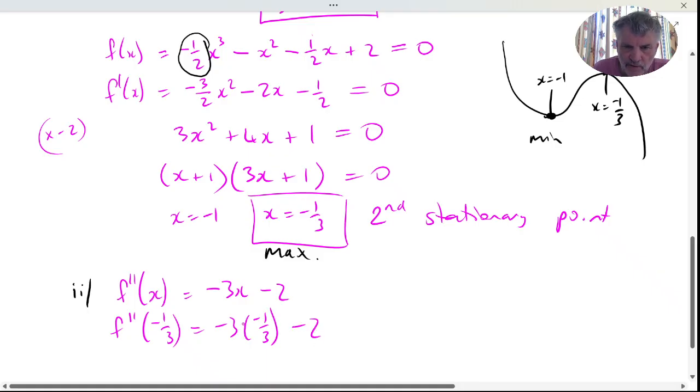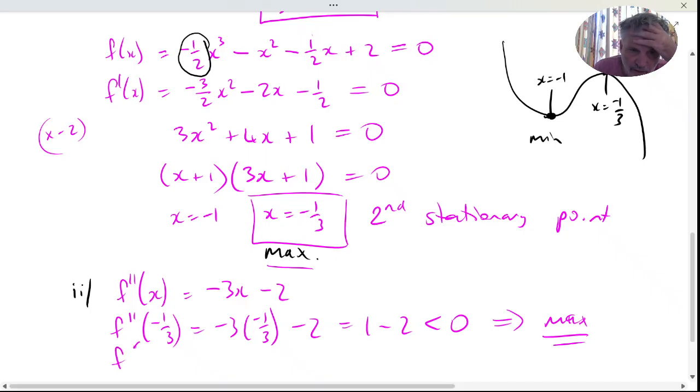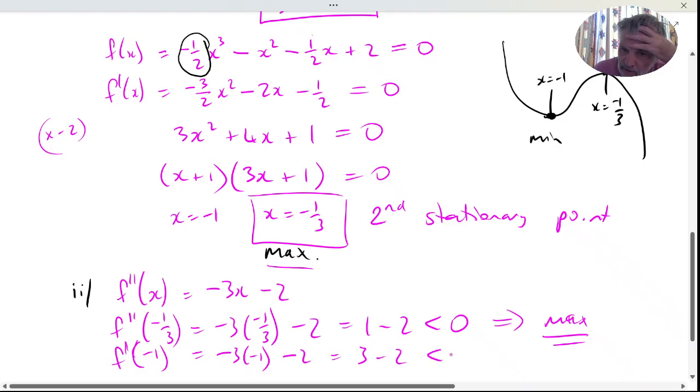This is 1 minus 2, which is clearly less than 0, which implies that we have a maximum, which is what I said here. And if you check the other one, it's not required, but -3 times -1, that's 3 minus 2. That's bigger than 0, so that implies we've got a minimum, which is what I suggested up here.